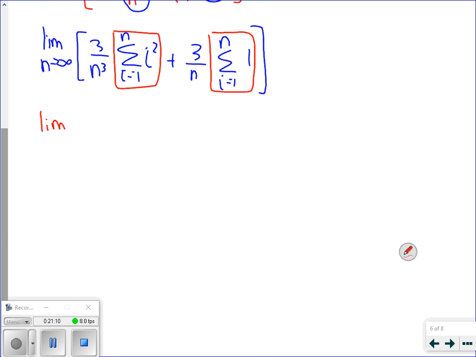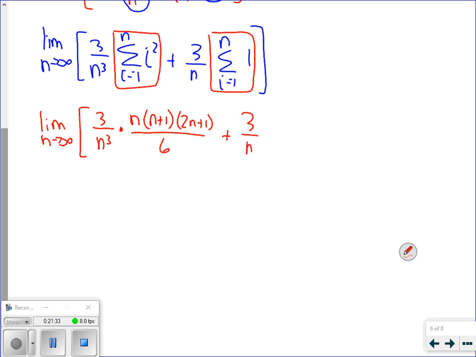So what we have is the limit as n approaches infinity of 3 over n cubed times, remember i squared was n times n plus 1 times 2n plus 1 all over 6. Plus 3 over n, and then the summation of just 1, we said that property was equal to n.